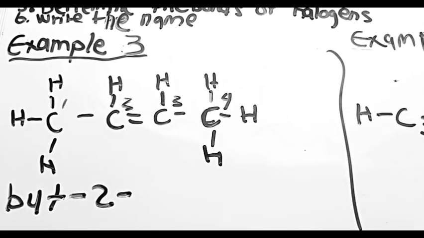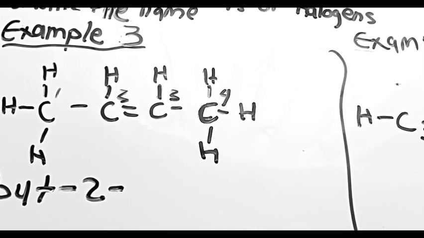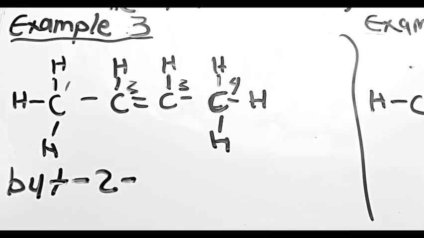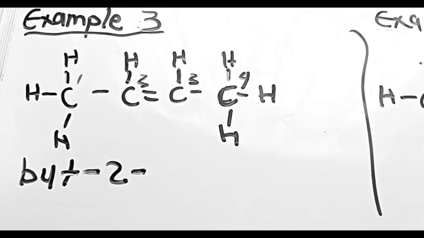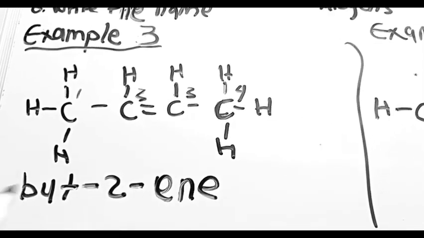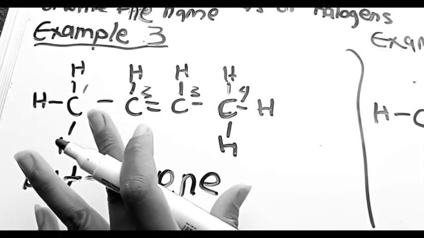And taking a look at the structural formula, the double bond tells us that this structural formula belongs to the family of the alkenes. So that's why our end name is going to be ene. But-1-ene. That is the name of this structural formula.